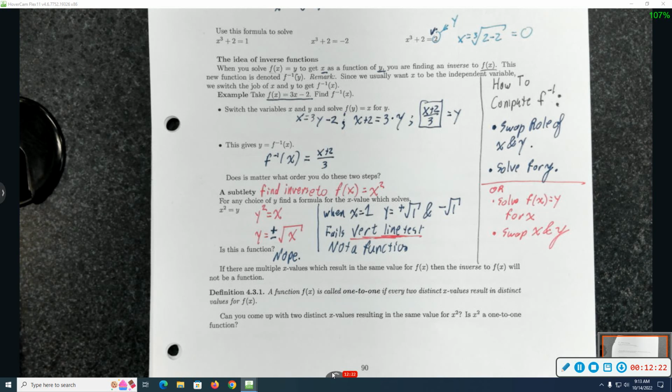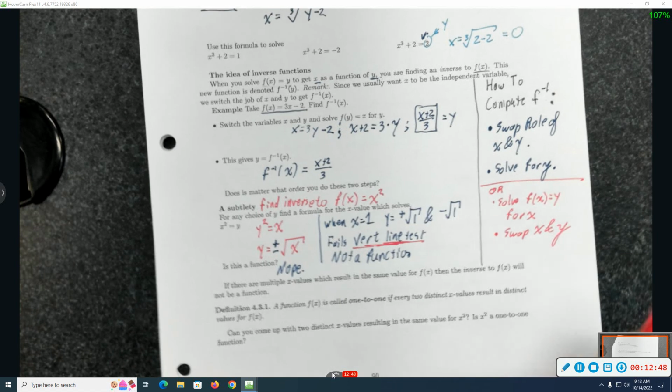So let's go back to thinking about x squared. Can you think of two distinct inputs for x squared that give the exact same output? What's 2 squared? 4. What's another number whose square is 4? Negative 2. There's an example.